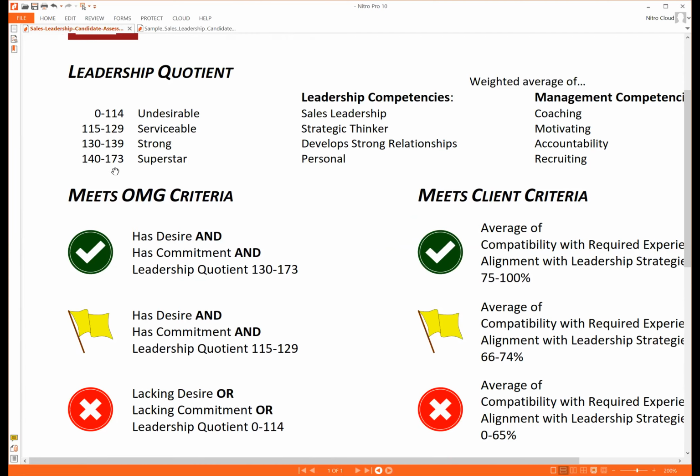If somebody falls into the serviceable range, but still has desire and commitment, they're marginal on meeting the OMG criteria, represented as a yellow flag. And if they're lacking desire or commitment, or their leadership quotient falls into the undesirable range, then they're not going to meet our OMG criteria.